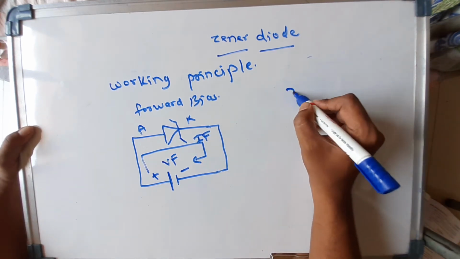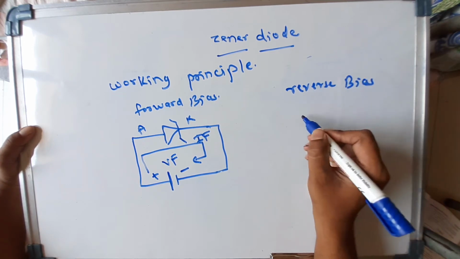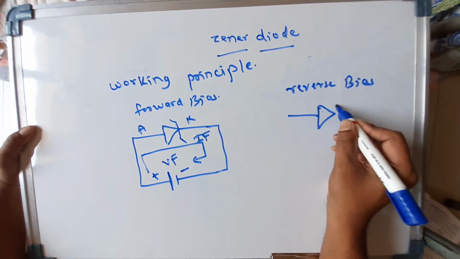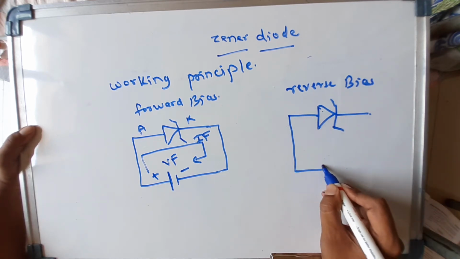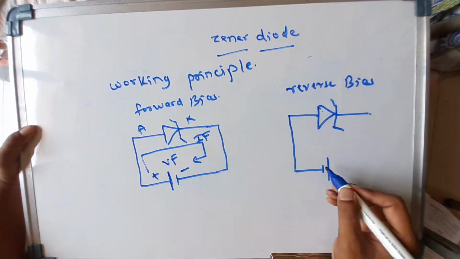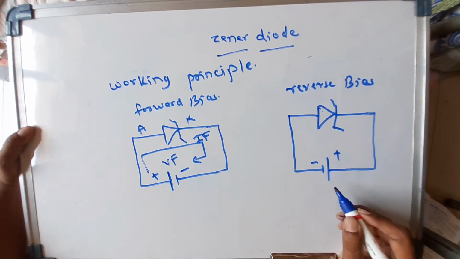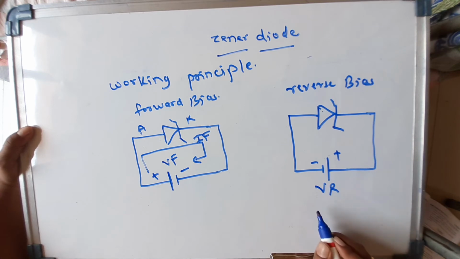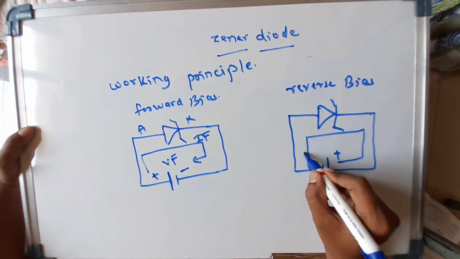Okay, and in reverse bias, same circuit, only the change in the polarity. Here plus to minus, here minus to plus. Okay, so this is called as a reverse voltage. Again the current is flowing from where? Plus to minus.